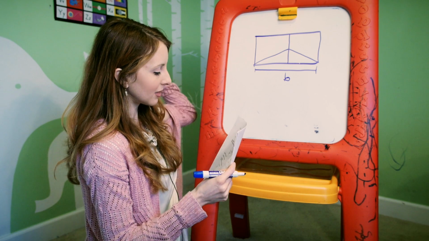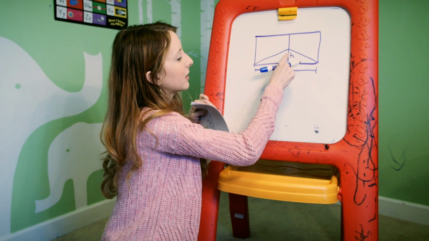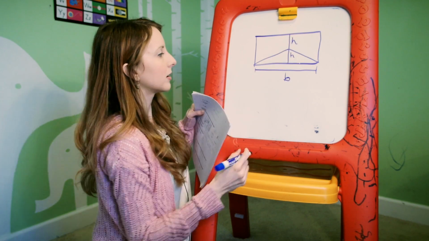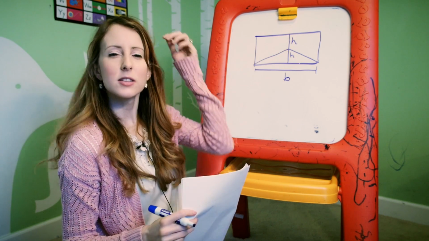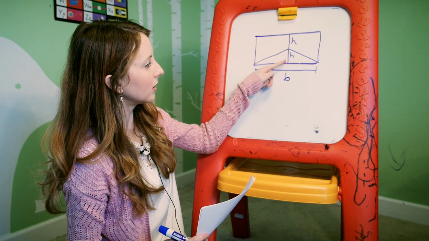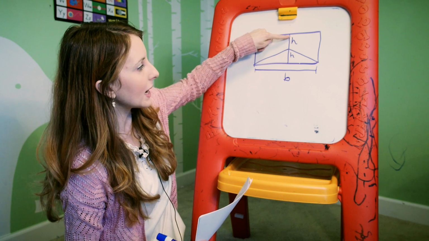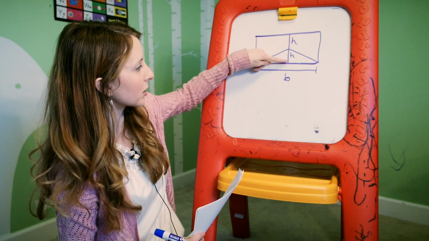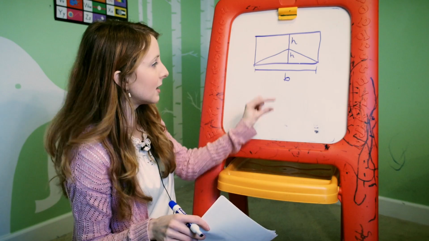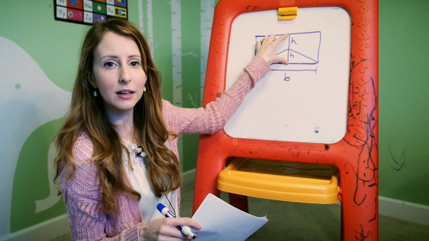And then we've split the height into H for the length from the base to this intersection here, and then another H for here to here. So what that's essentially saying is you have the height of the triangle, and then the height of the rectangle would basically be twice the height of the triangle, because look, they're both assigned the same variable. That means that they're equal to one another. So you have height and then basically 2 times height for the length of the rectangle, the larger figure.